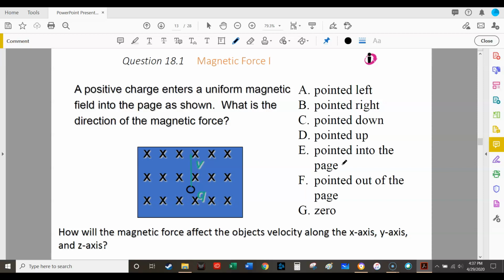If you notice, your palm should be pointed to the left side of the screen. That means when this positive particle begins entering the region of space, it's going to be moving up, and then that magnetic field is going to begin turning it to the left. So the answer is A.